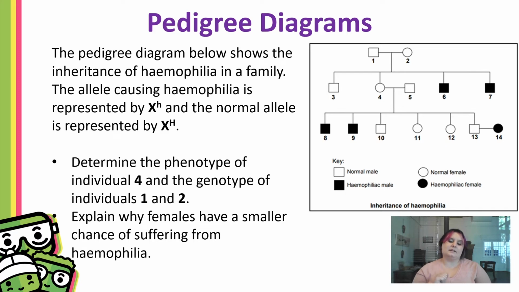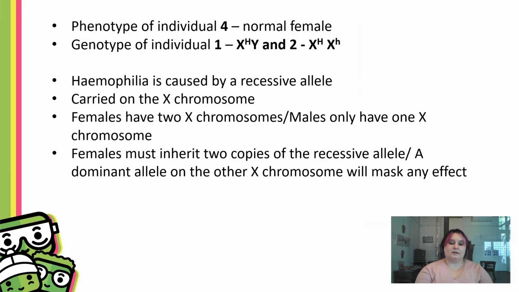And from this, we can then explain why females have a smaller chance of suffering from hemophilia. This is what I was saying about how hemophilia is caused by a recessive allele, which is carried on the X chromosome. Because females inherit 2 X chromosomes, if they have 1 X chromosome with the normal allele and 1 X chromosome with the recessive allele, the normal chromosome will mask or cover up for that.